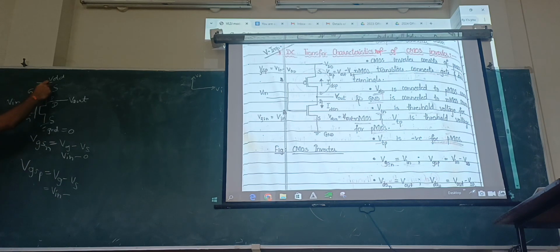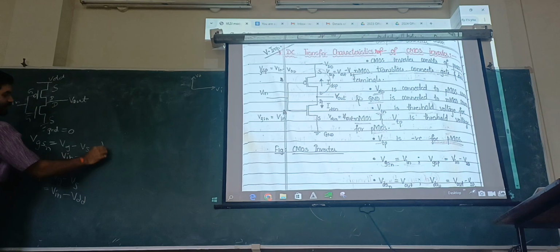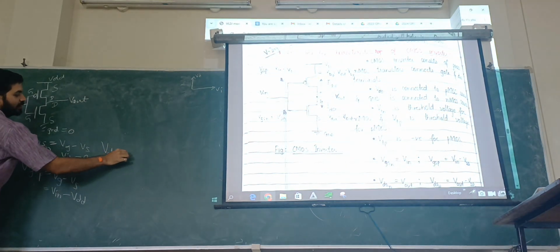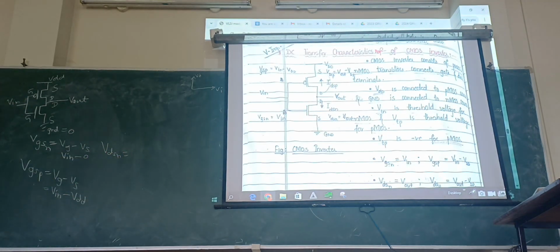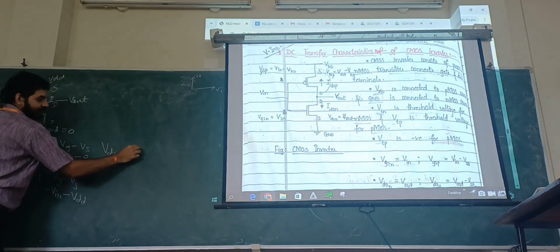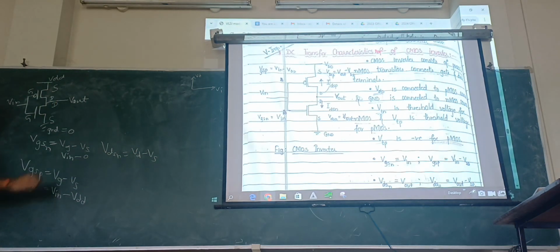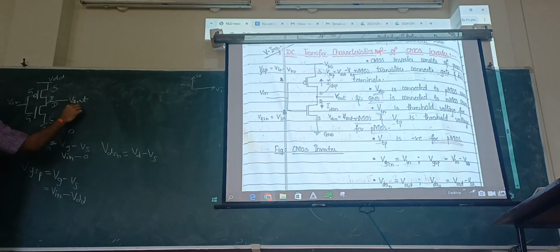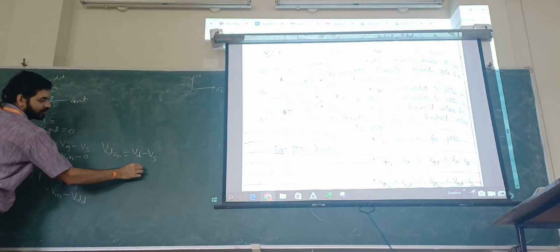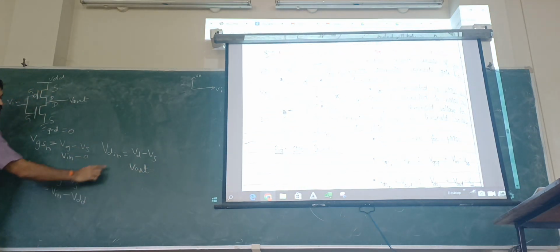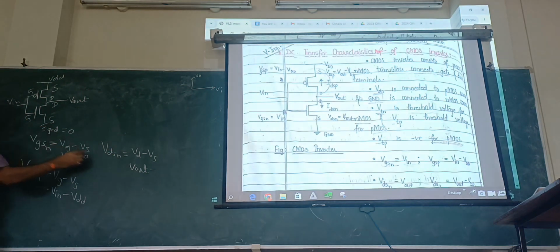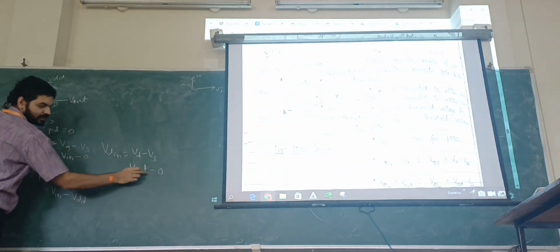where the source of PMOS is connected. Understood? VDS, tell me: VD minus VS. VD is Vout minus the source. VDSN is this.